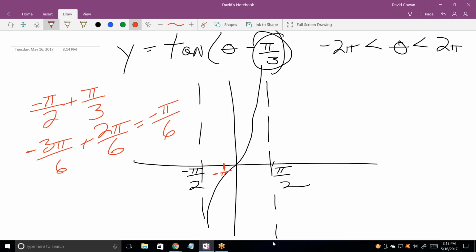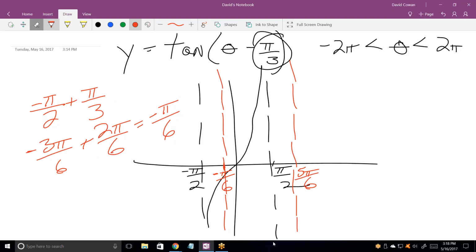And now the period hasn't changed, so the only thing I'm doing is moving my vertical asymptote to the right by the phase shift. So the vertical asymptote on the right becomes 5 pi over 6, right? Exactly. If I know my period, which is pi, then I take my starting point and add pi to it, and my next asymptote is 5 pi over 6.